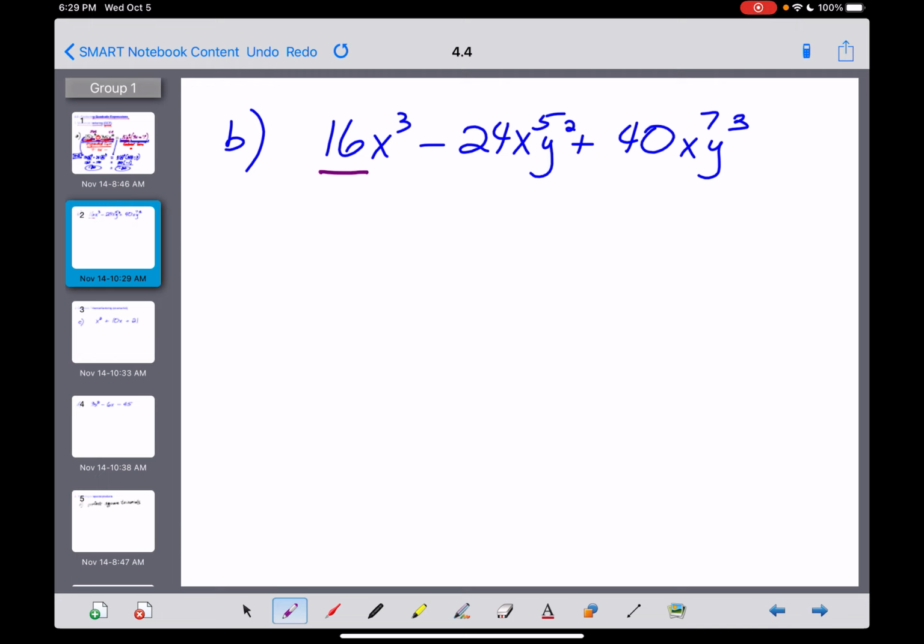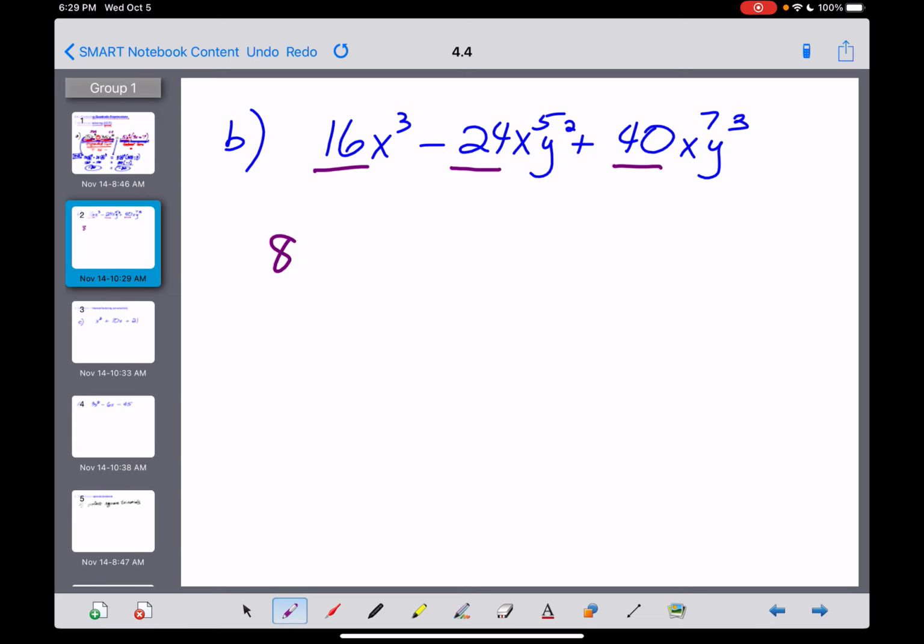So then start thinking about big factors that go into 16, and the best thing you should always think of is half of that number right there. Half of 16 is 8, and now start thinking, does 8 work here? Yes, it does. And does 8 work here? Yes, it does. Then 8 is the greatest common factor of 16, 24, and 40.